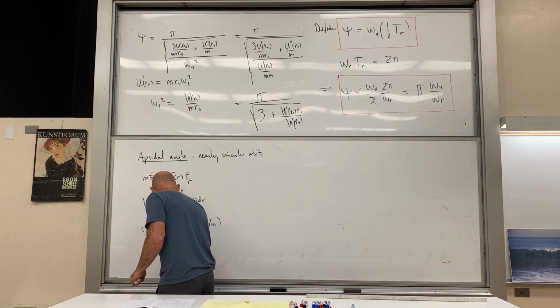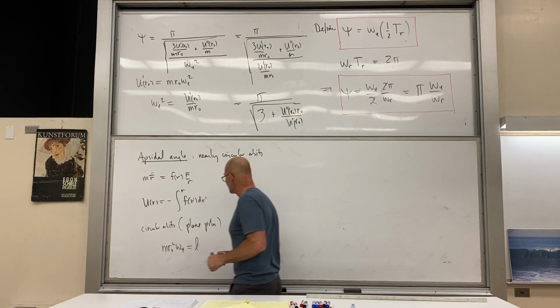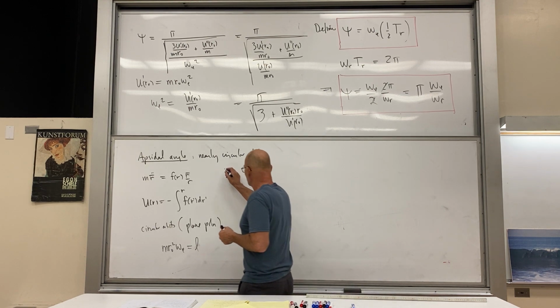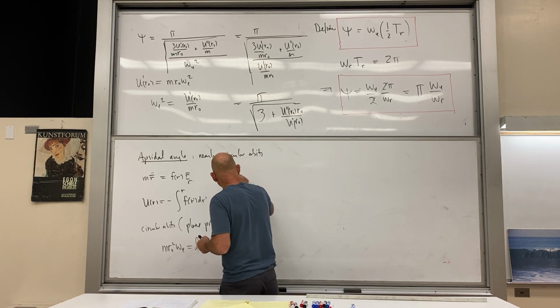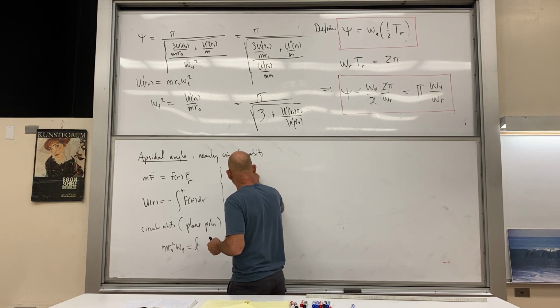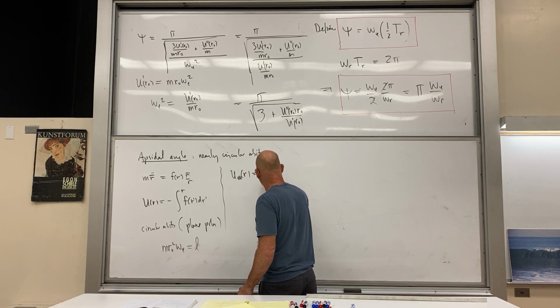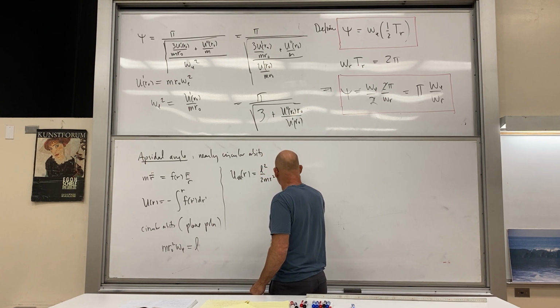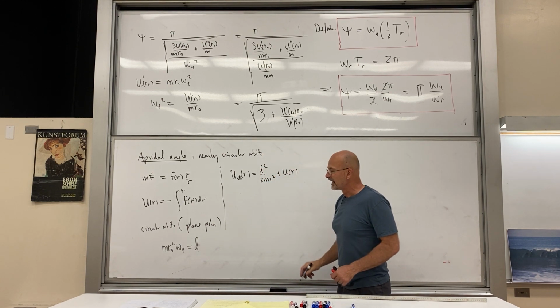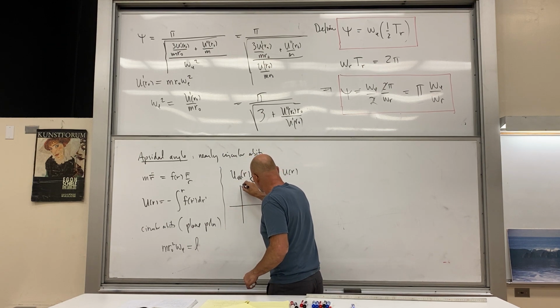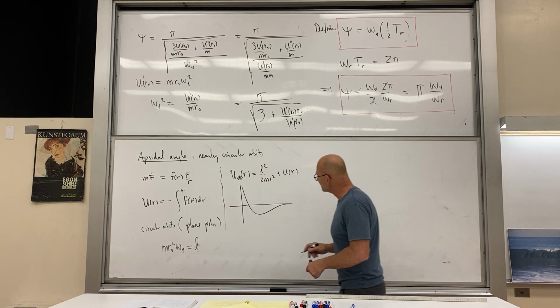So m r naught squared omega sub phi is equal to L. So that's the constant there. We have the effective potential.